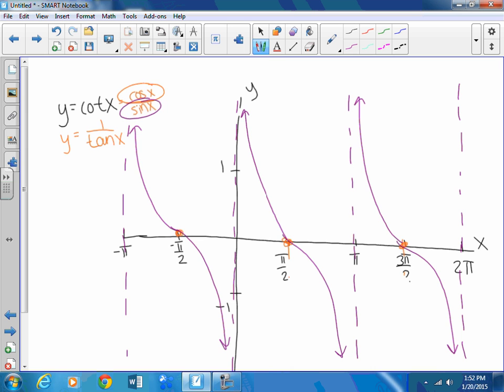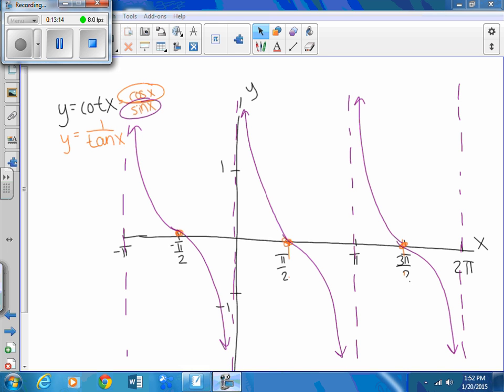Alright, so there is the graph of y equals cotangent x. Very similar to tangent, asymptotes are in a different place, and it goes the opposite way. And that is it. Those are the graphs of your reciprocal functions.